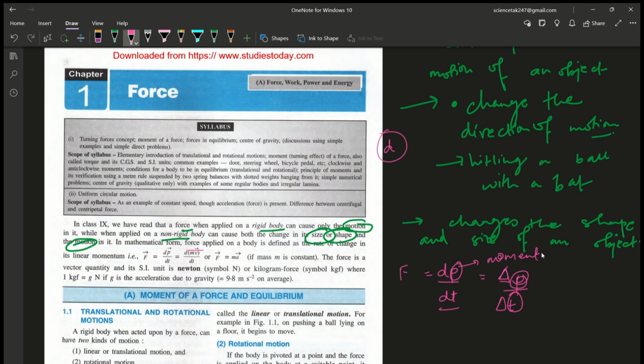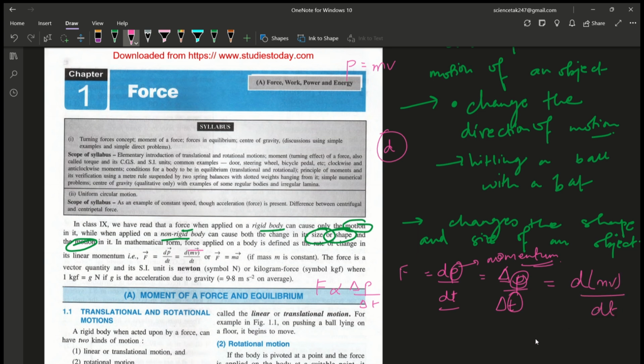This brings us to the second law of Newton, which is force is directly proportional to the rate of change of momentum. Okay, the change in momentum per unit time is written as force. Now, momentum is nothing but mass into velocity. This becomes d(mv) by dt.